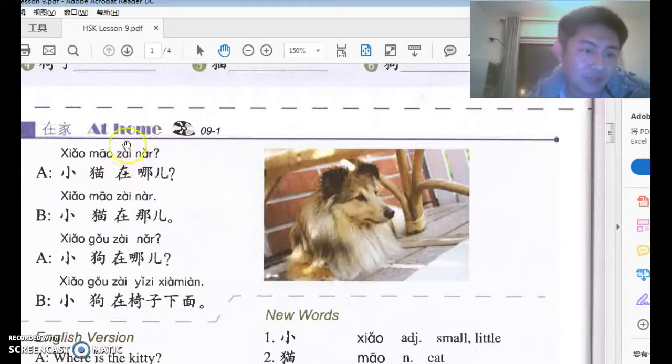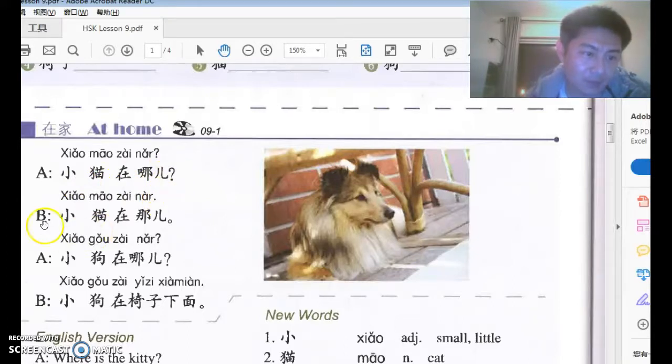So we assume that 在 perhaps has that function, to be at. Or you can understand 在哪儿 as a sort of adjective, that's why be is omitted. So we just say little cat at where, instead of little cat is at where, right?